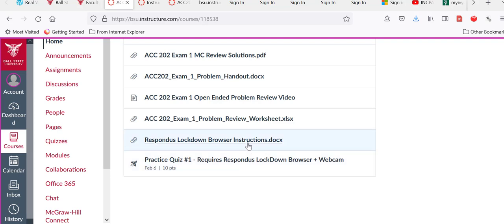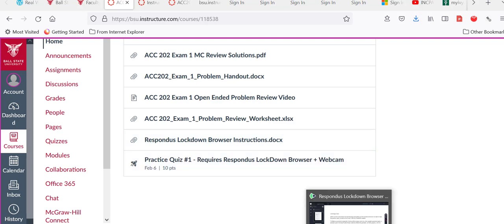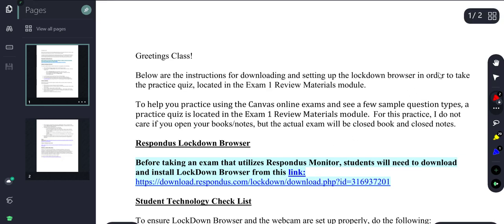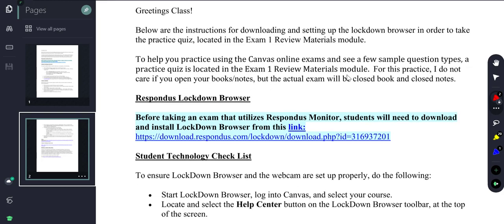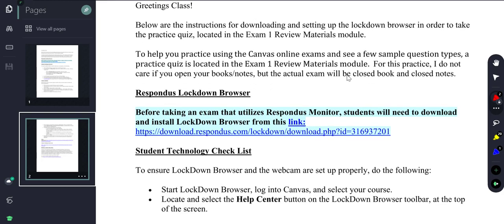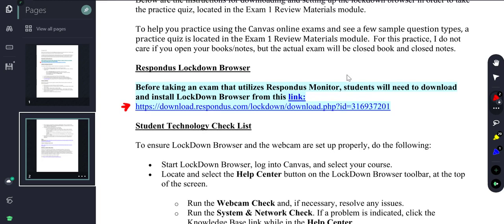This document includes information about how to get the Respondus Lockdown Browser. When you open it up, it'll look like this. You have instructions for downloading and setting up the browser in this document. So there's a link here. This will take you to the place where you can download and install the browser. So if you don't have it yet, download it and install it on your computer.